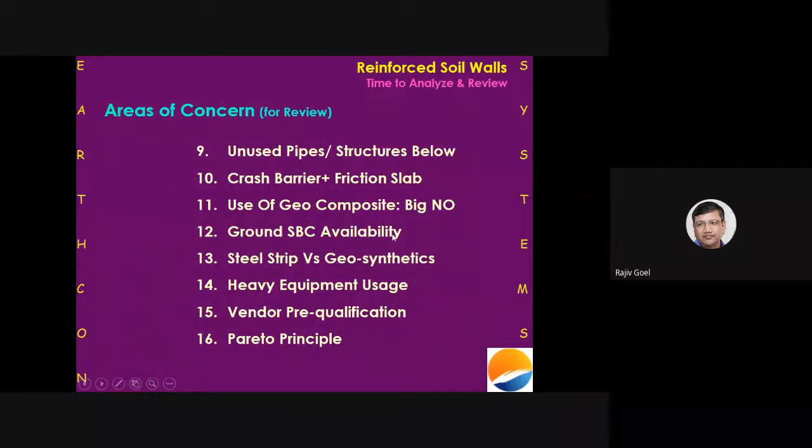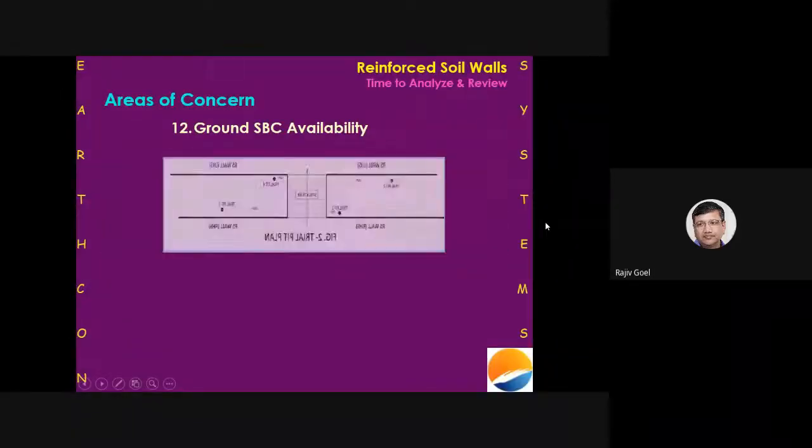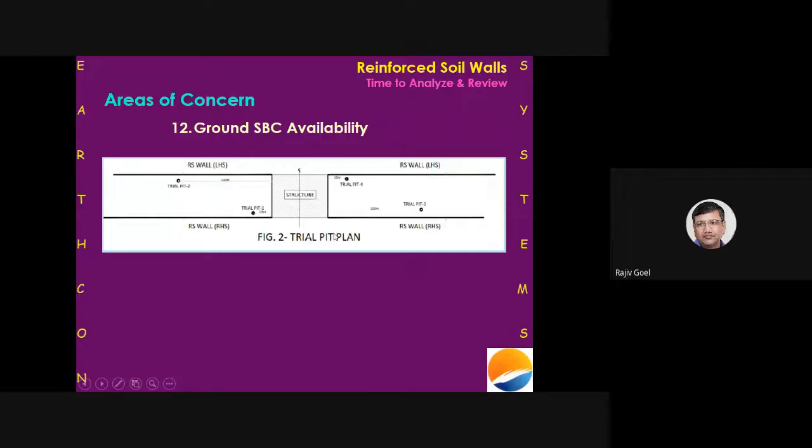Ground SBC availability. I need not emphasize more on this issue. I have already shown you some slides, but the only point I want to make here is that generally, as RE wall vendors, we are given backfill information only for the abutments, and then we try to extrapolate the report for the abutments to the entire length of the wall, which is not a good practice.